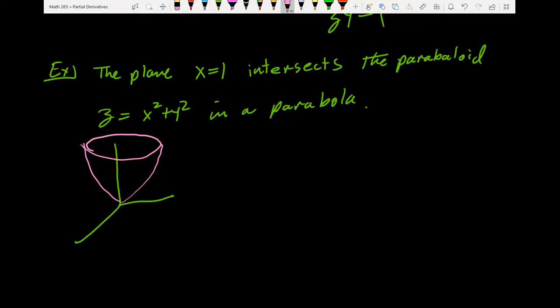Do you guys see this paraboloid? That's z equals x squared plus y squared. So at x equals 1, you draw a plane. If you draw the plane at 1 and cut that section out, do you see what it looks like? It looks like a parabola, right?